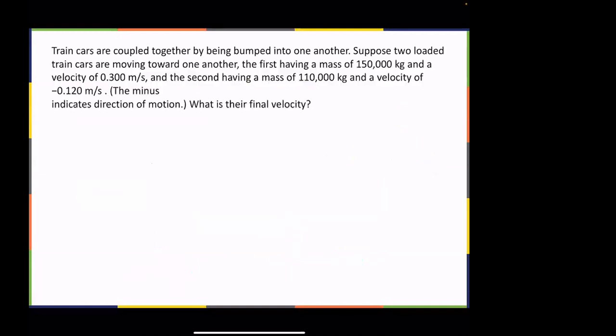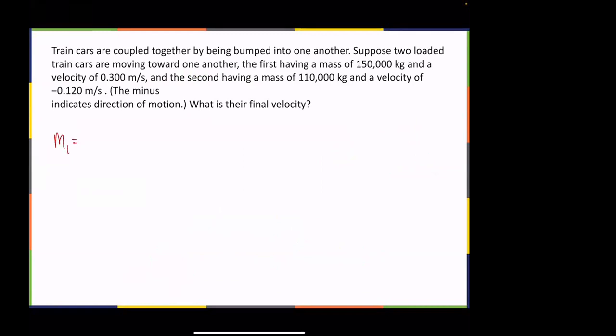All right, let's give this a try. Train cars are coupled together by being bumped into one another. Suppose two loaded train cars are moving towards one another. The first has a mass of 150,000 kilograms and a velocity of 0.3. The second has a mass of 110,000 kilograms and a velocity of negative 0.12. What's their final velocity?